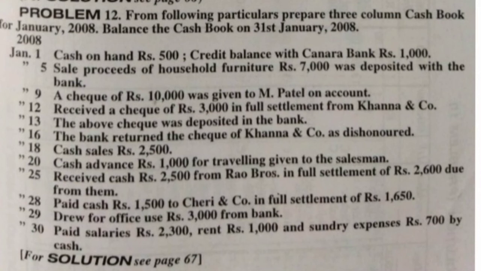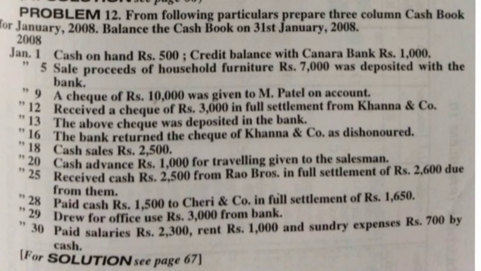Problem number 12. From the following particulars, prepare a 3-column cash book for January 2008. Balance the cash book on 31st January 2008. On January 1st, cash on hand 500, credit balance with Canara Bank rupees 1000. We are having a credit balance in the bank.